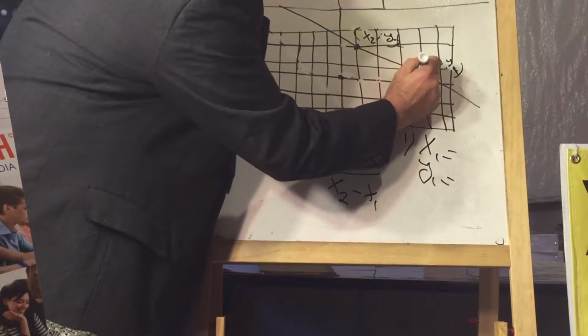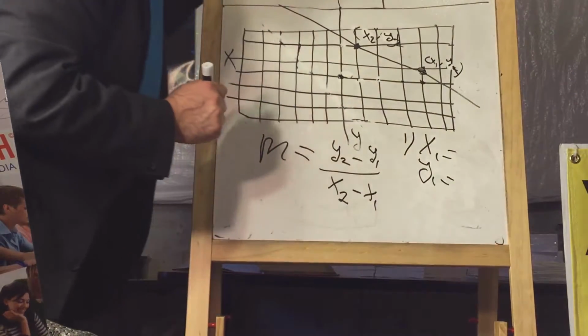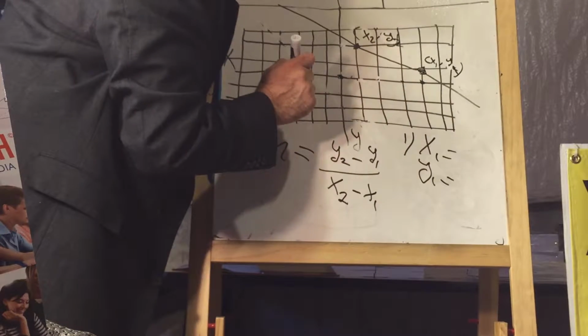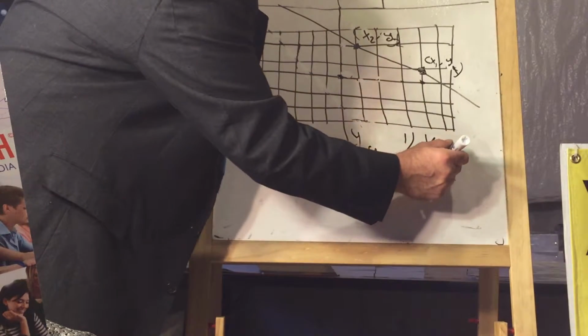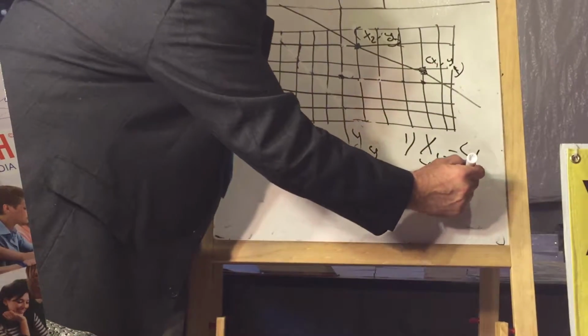That's where they meet. So this is the point x1, y1. We figured out x1 is 4 and y1 is 1.